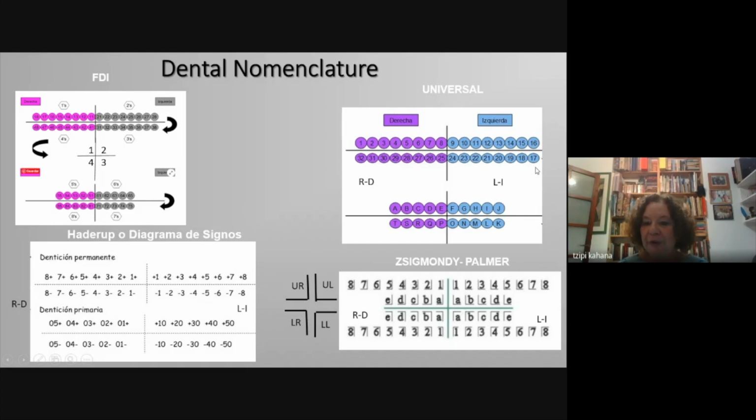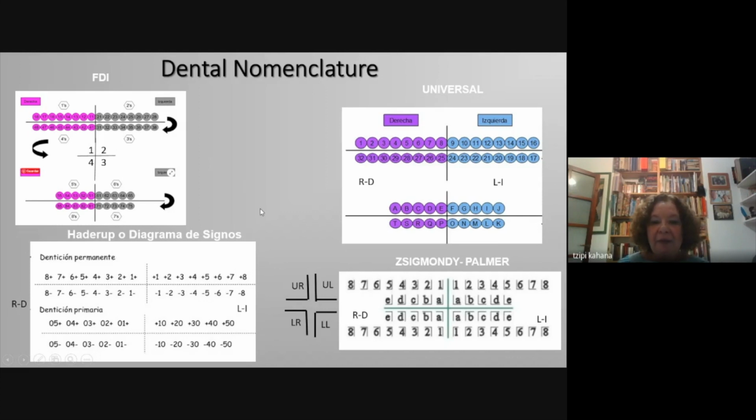Again, we move downwards to the mandible, 17, 18, etc., until we reach 32 teeth. And then they do for the primary dentition A, B, C, D until T. It's not very complicated, but it's very different from the way it is done in the FDI system.